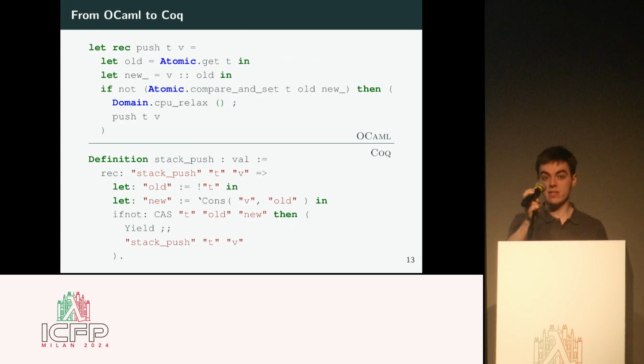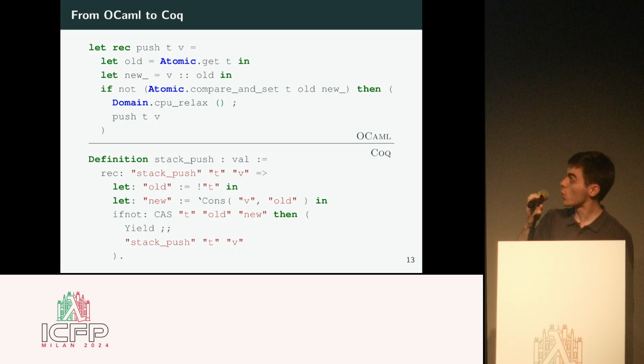The first step is to translate the Saturn algorithms into Coq. Actually, we translate them into a deeply embedded language living inside Coq. Here you can see a simple push function from an assumed stack module implementing a concurrent stack, and at the bottom you can see its translation.